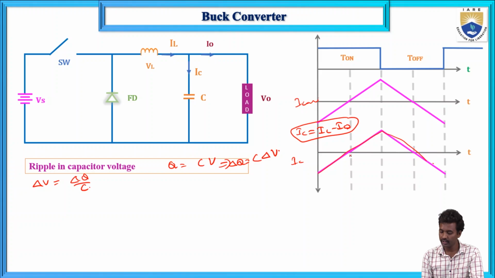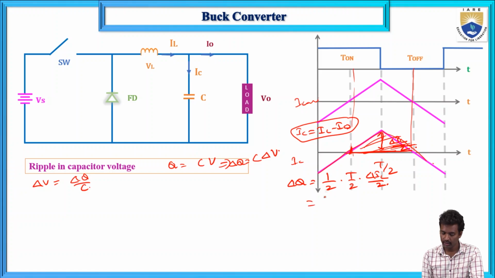In this case, this is the T by 2 time duration, and this is del IL by 2. This is the charge: del Q equals 1 by 2 into base into height, 1 by 2 times T by 2 times del IL by 2.